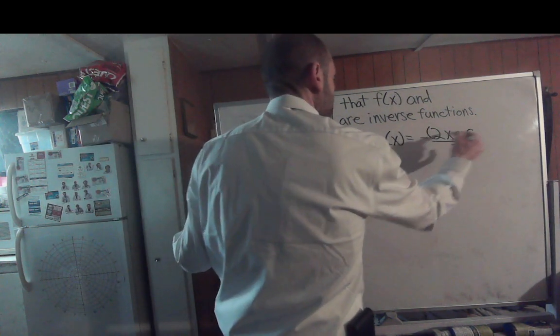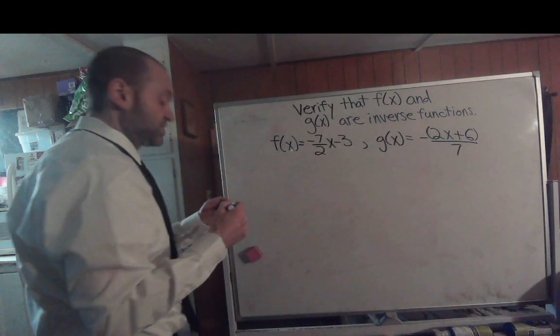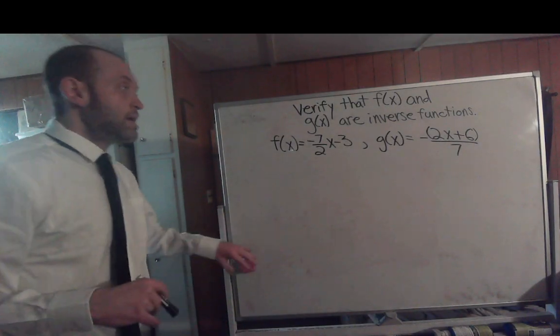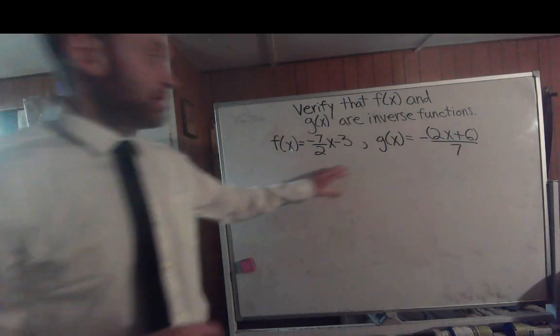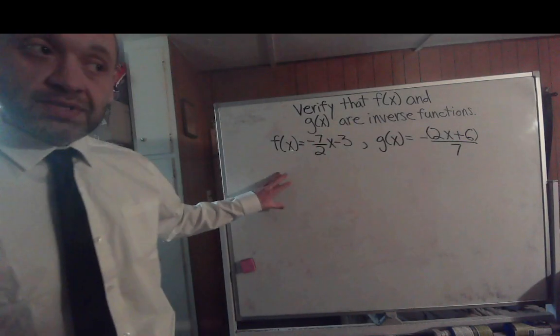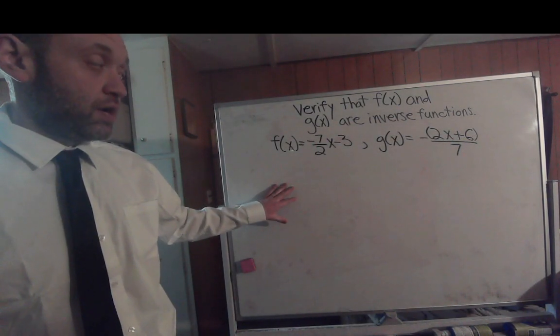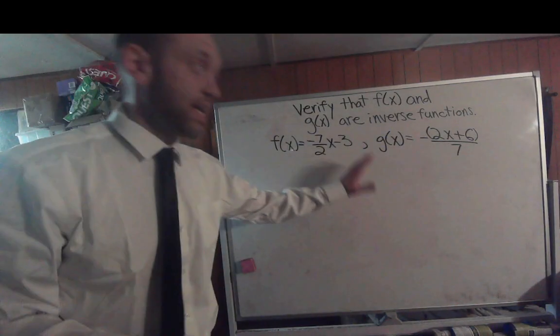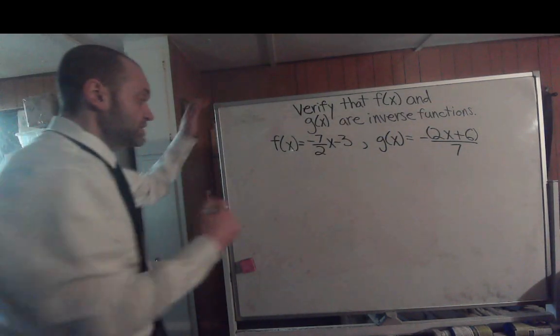I should say the negative of the whole numerator over 7. Now, I should be able to take f composition g or g composition f, it doesn't matter, and I should be able to just get x. Let's see if that happens.